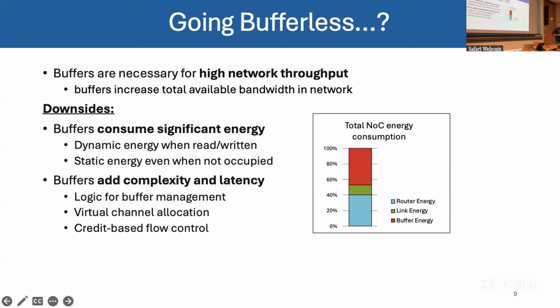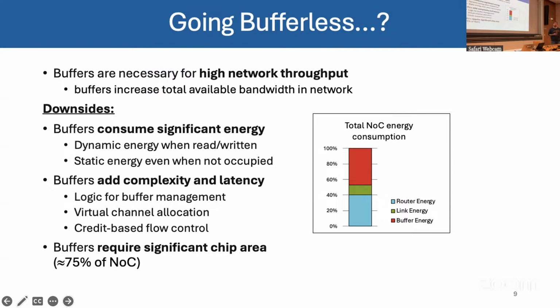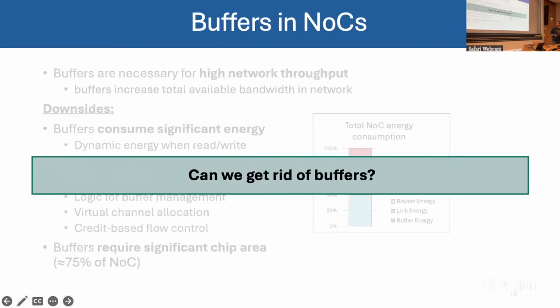Normally, there's also some kind of credit-based flow control, and some kind of virtual channel allocation for that flow control. So routers need to communicate for the flow control, to see, for the next router for example, whether the buffer is not full. And buffers require a significant chip area, about 75% of the NoC's total area consumption. So the question arises, can we just get rid of them?